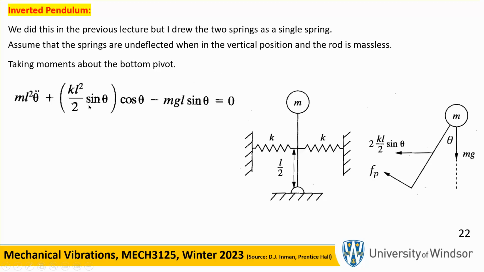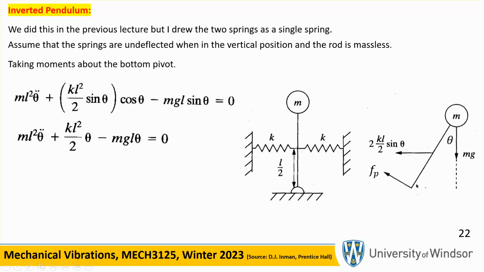And what else do we have here? Oh, the compression of the spring. This is the compression of the spring. When this thing tilts, the moment arm for it is no longer L over 2.